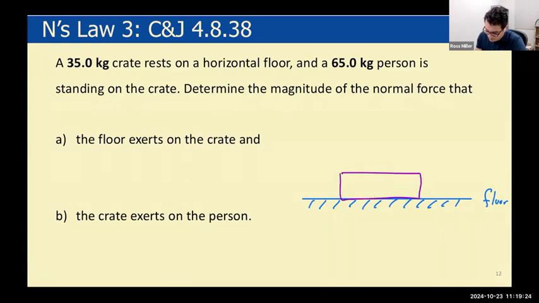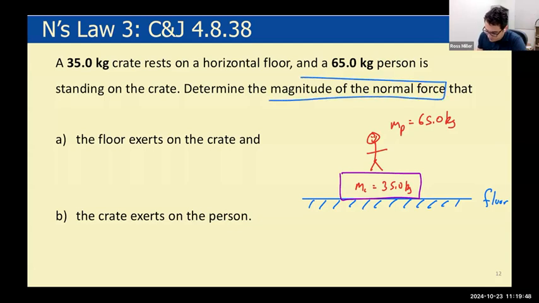And then on top of that crate, there's a person. Smiley face. So we know M of the person, M of the crate. And it says determine the magnitude of the normal force. That's our goal. The floor exerts on the crate and the crate exerts on the person.